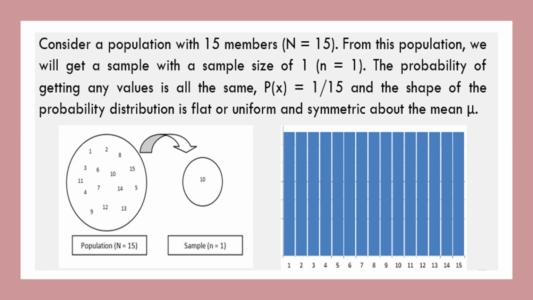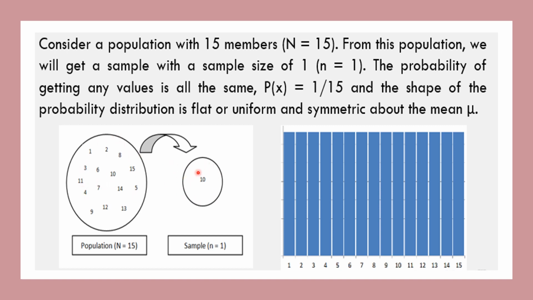So let's consider a population with 15 members, 1 to 15. From the population, we will get one sample, or one sample size. What's the probability of getting 10 from the population of 15?